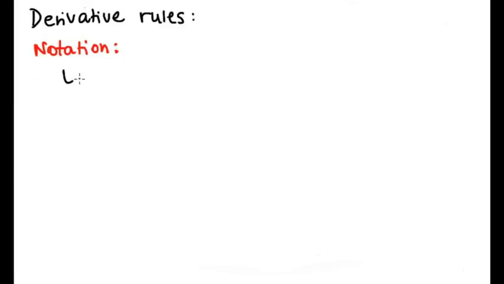So Leibniz, I hope that's how it's pronounced, comes from the 17th and early 18th century, and his notation for a derivative was this fraction, d over dx, or dy dx.